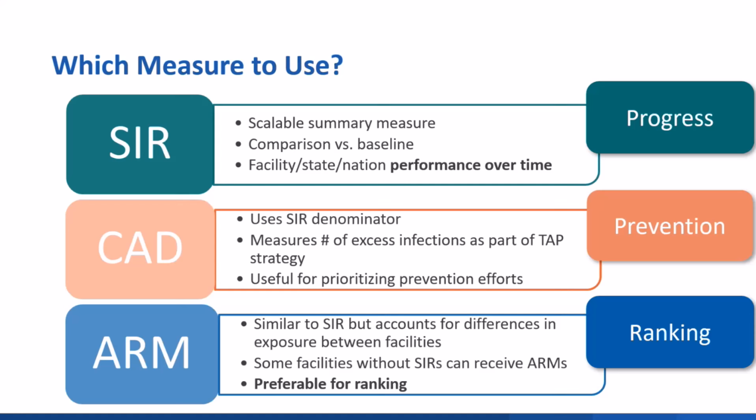And this particular measure is going to be better for ranking across facilities. How are you doing in comparison to other facilities at the national level? Another thing I'm going to mention is that this type of measure, the ARM percentile ranking that we're using, is appropriate for a composite measure, which can combine performance across different HAI types.